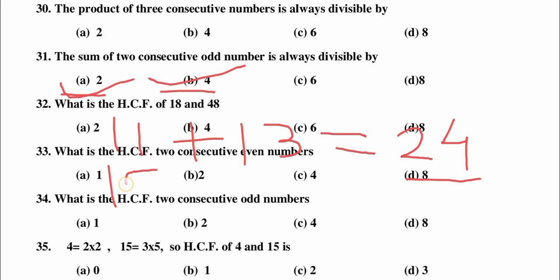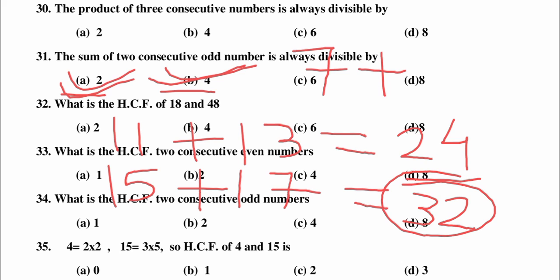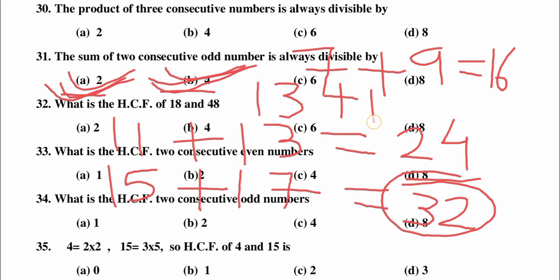Then after that we check 15 and 17. Okay, can we divide it? The sum is 32, so we can divide it by 2 and 4. Then we check the two odd numbers 7 and 9, and the sum is 16. We can also divide it by 2 and 4. Then we check 13 and 15.